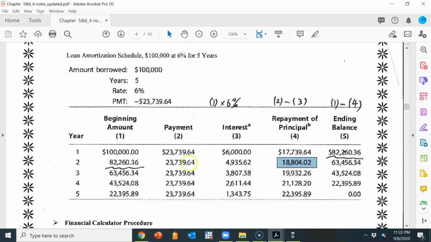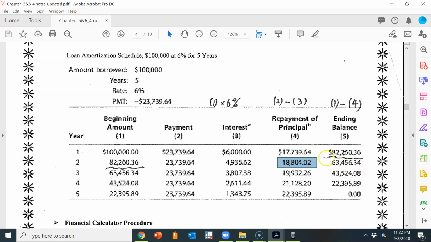We just use the 23,000 total payment minus the 4,900 interest. So we have 18,000 principal paid in the second year. Because the total payment we're paying for each year is the same and the interest amount is declining, the principal repayment is actually increasing.